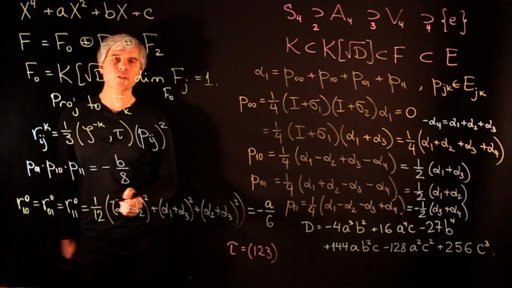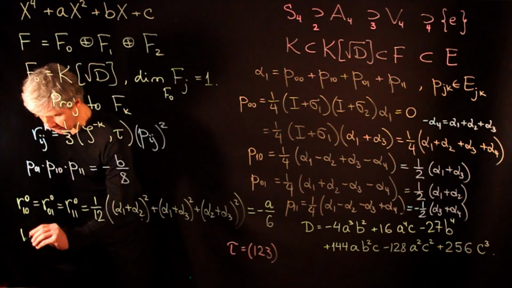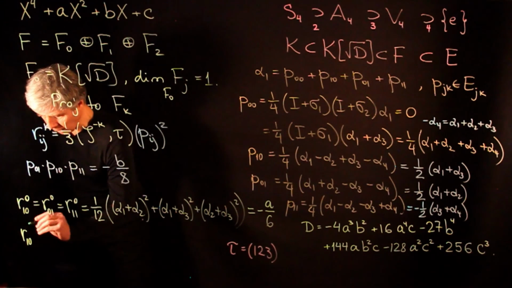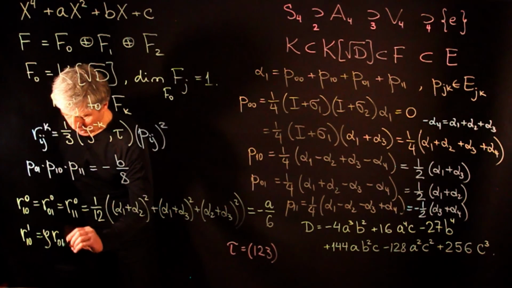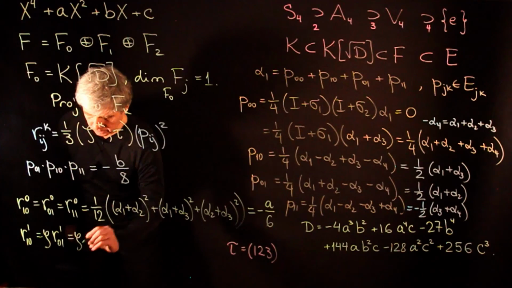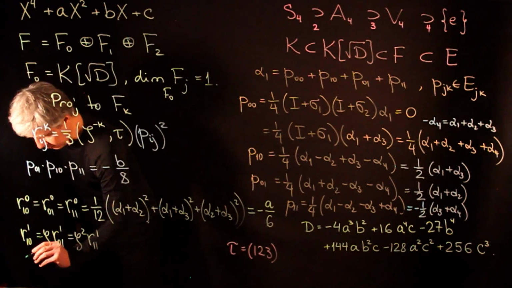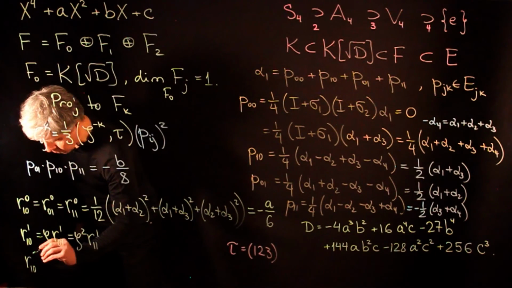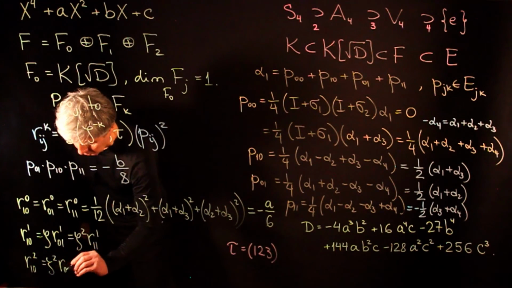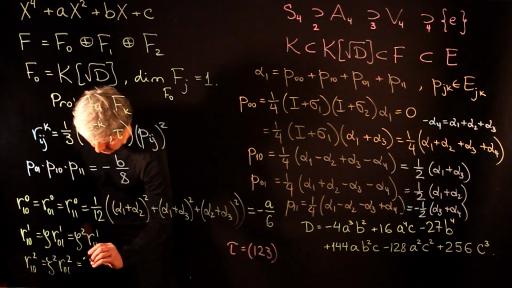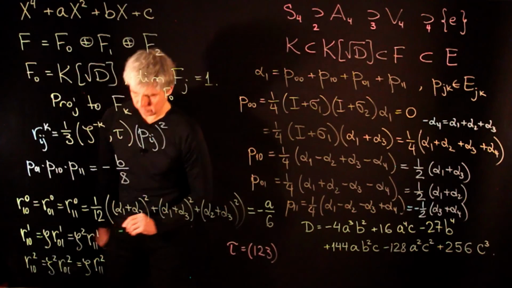There are also relations between other components of these elements. So we have that R101 is zeta times R011 and is zeta squared R111, and R102 is zeta squared R012 and is equal to zeta times R112.